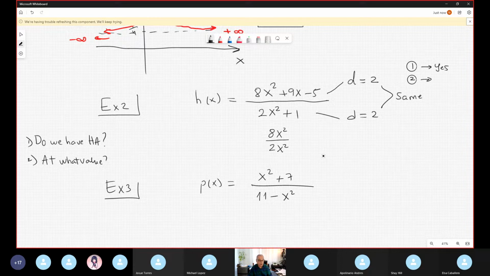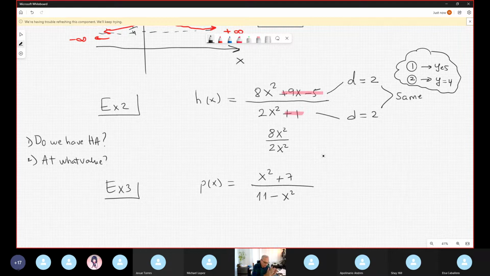So this other part is completely negligible. Boom. So, 4. Very well, Michael Lopez. Yes, we have y equals 4. It's our famous horizontal asymptote.